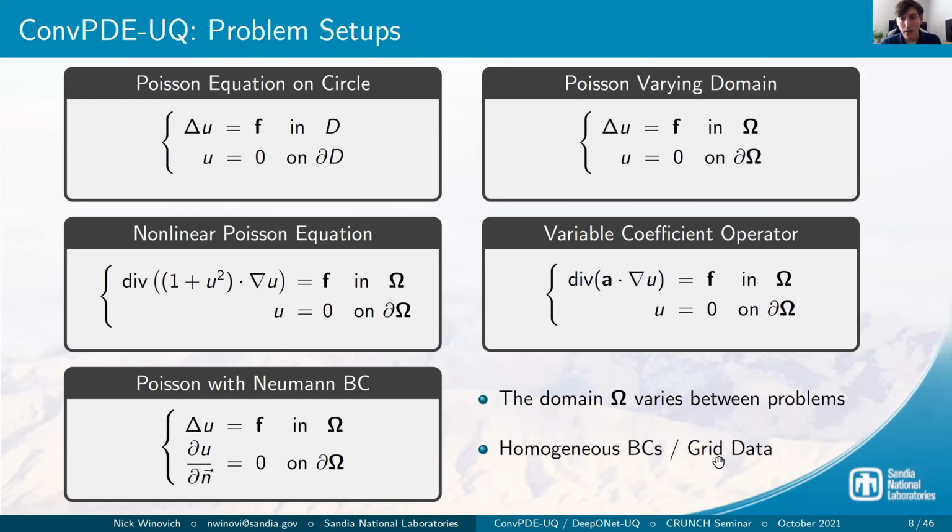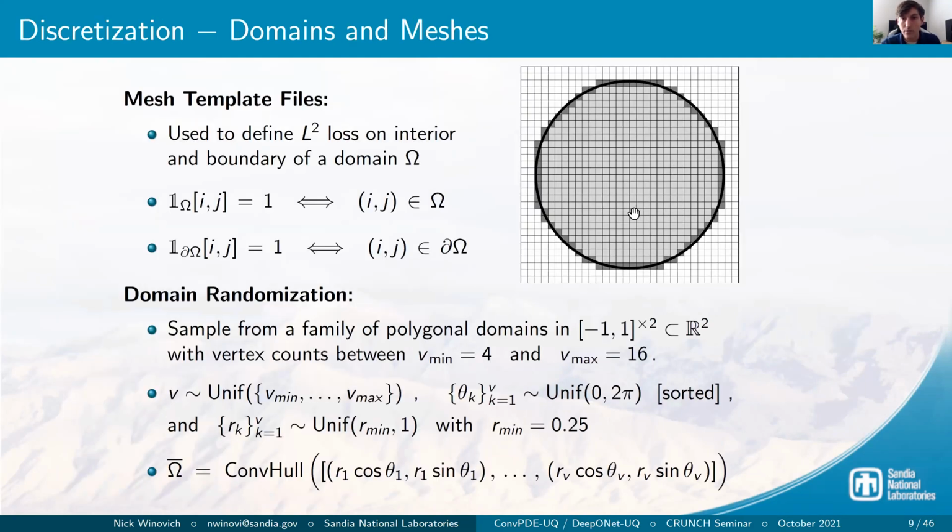But that's the second point, that we are also under this constraint that we're working with grid data. It can be an irregular domain, but our samples will be placed on some form of regular lattice, which will look something like this. So we use a higher resolution, but we effectively have a discretized version of the mesh, which is also stored so that we can calibrate our loss functions.